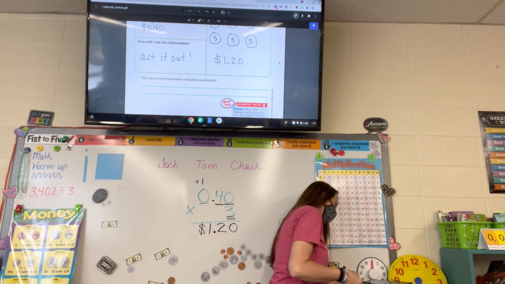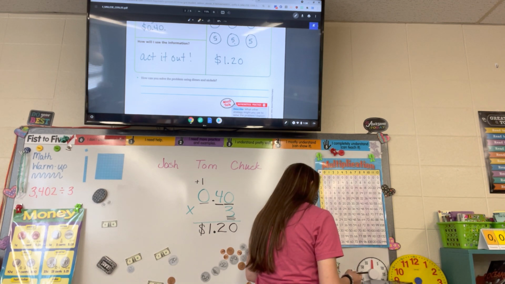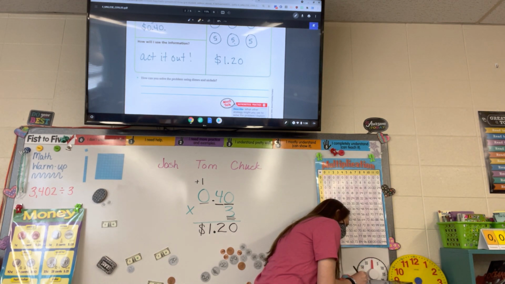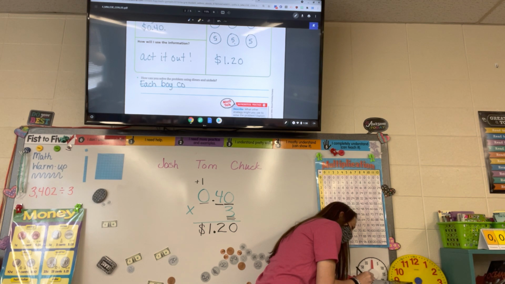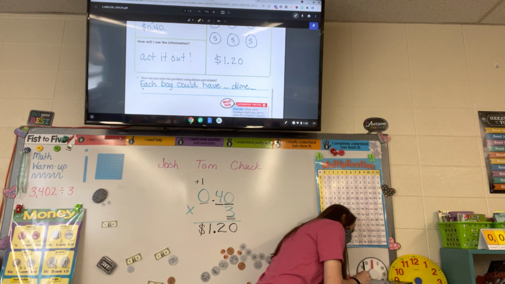How could you solve this problem using dimes and nickels? Each boy could have how many dimes and how many nickels if they wanted to all have the same amount?